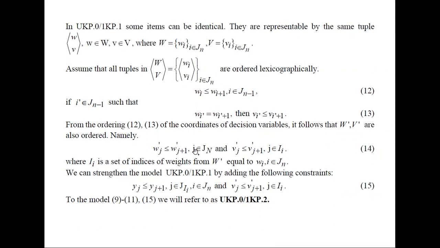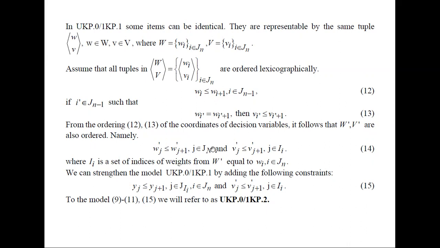This means that we order all weights non-decreasingly, and moreover, if the weights are equal, then the corresponding values follow this rule. This is lexicographic order. And adding this constraint to our model, we have another model.